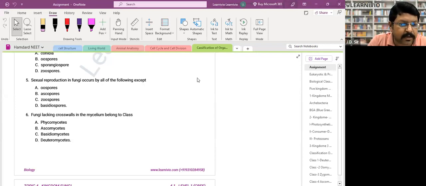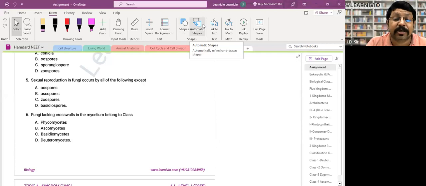Nothing to do with chemistry as well. You won't even have chemical structures, just the structure of some molecules like ATP, ADP, and all that, right? Even that is not difficult. When we discuss it, you will come to know it's not as difficult as it seems in your NCERT. That we need to understand, right?